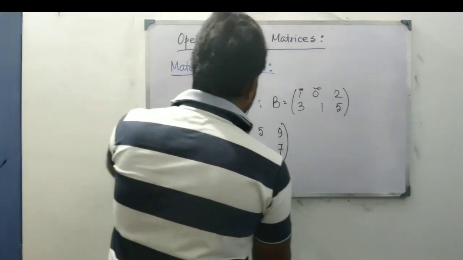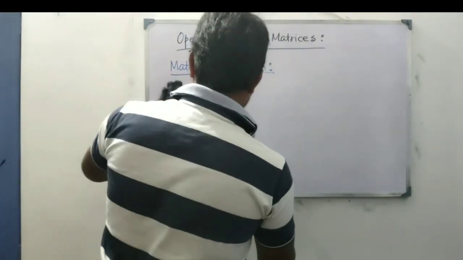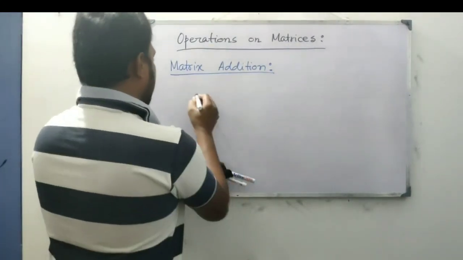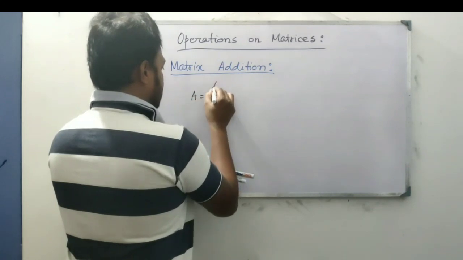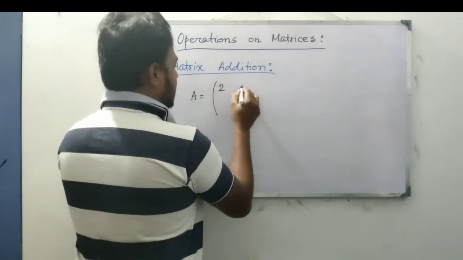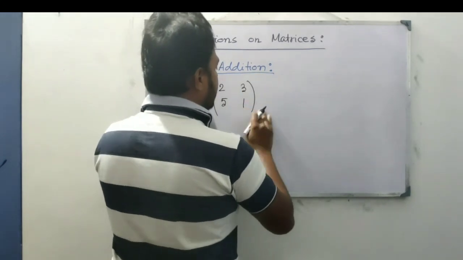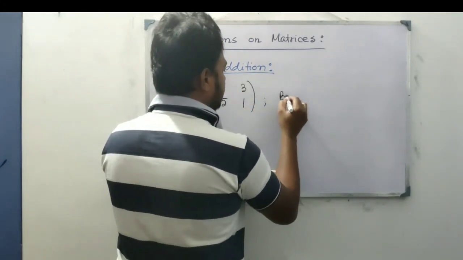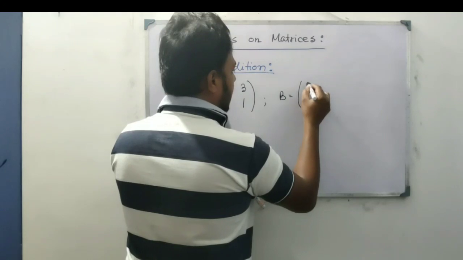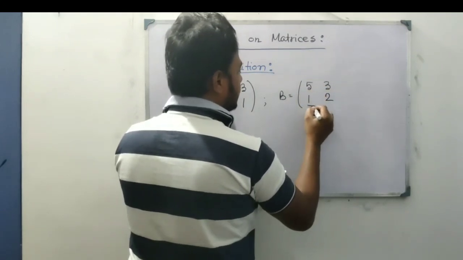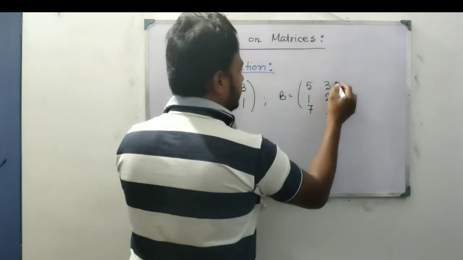Suppose I am considering A equals 2, 3, 5, 1. And another matrix B equals 5, 3, 1, 2, 7, 9.